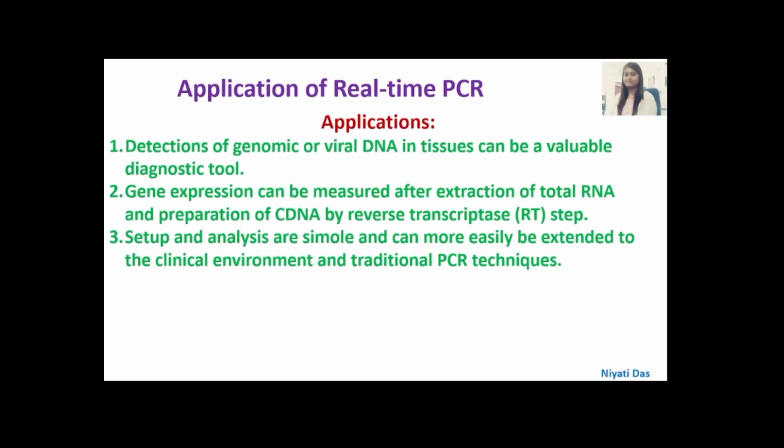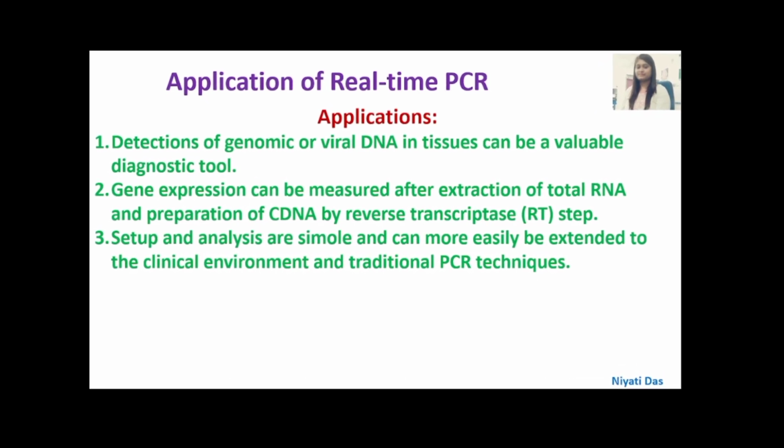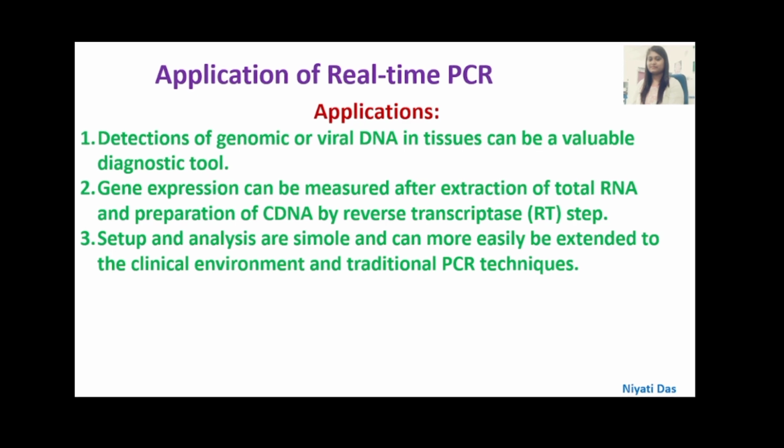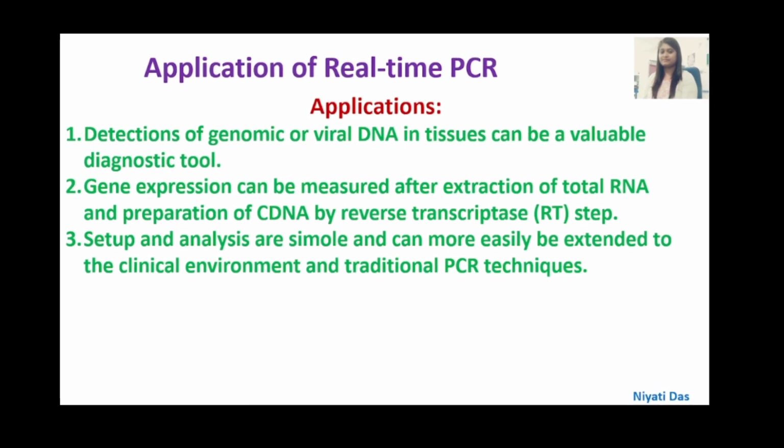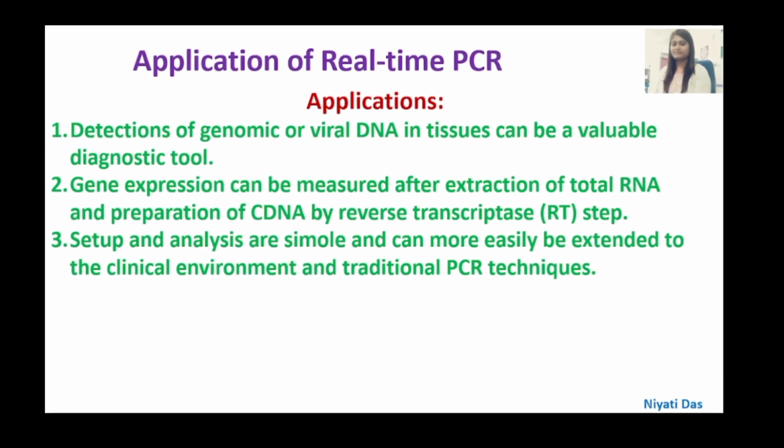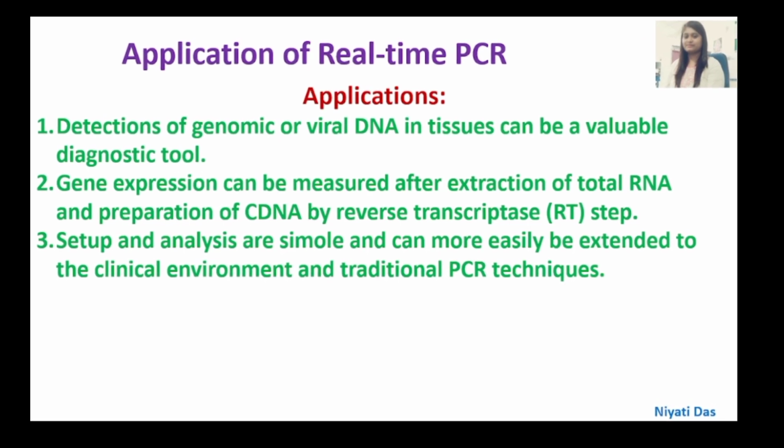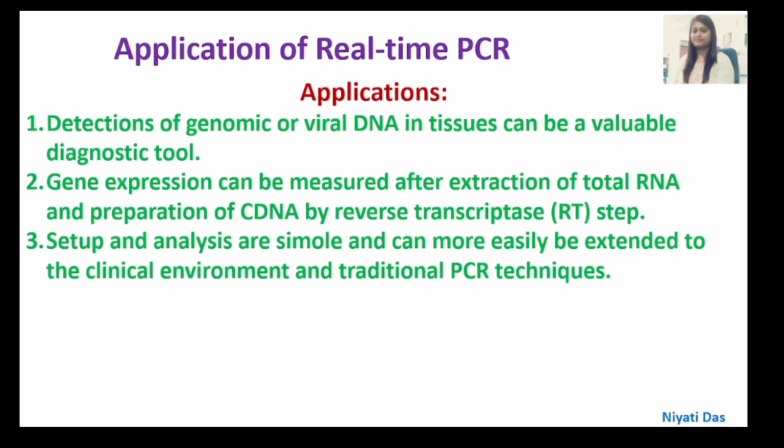What are the applications of qPCR? No doubt it has a wide range of applications, starting from medicine and diagnosis to microbiology, research use, clinical quantification, and genotyping. In medicine, it allows fast identification of genes associated with disease, such as cancer or genetic disease.